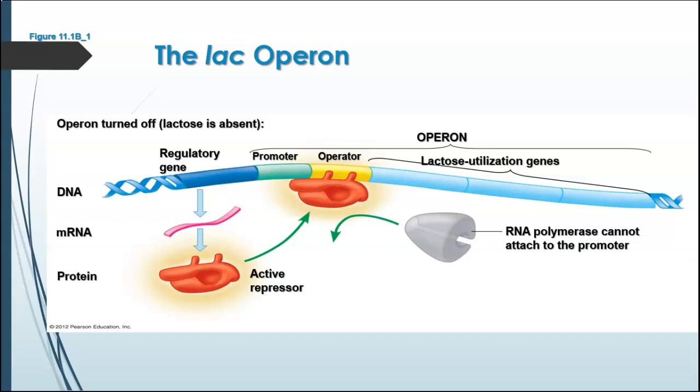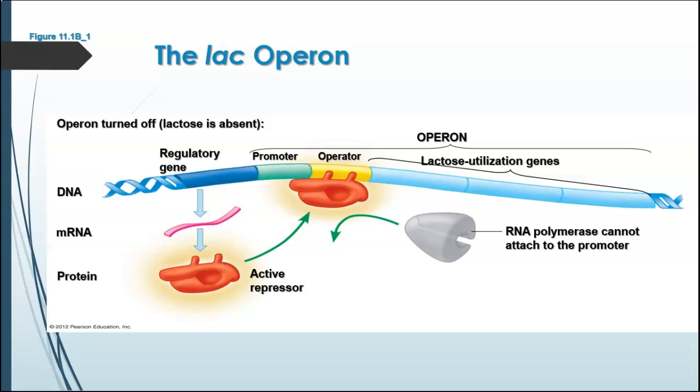And so being able to break down lactose when you have it present is a good thing for bacteria, especially bacteria like E. coli that live in our gut. So when you drink milk or eat ice cream or something like that, you have a lot of lactose in your system. The bacteria would like to be able to use that, but it has to be broken down.